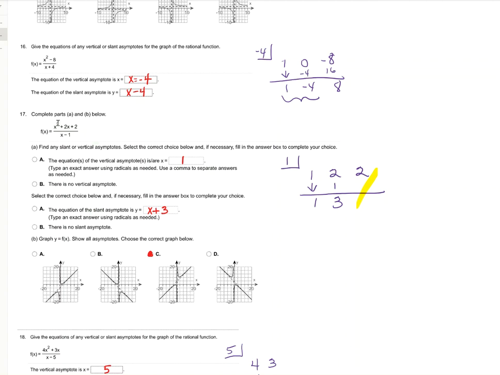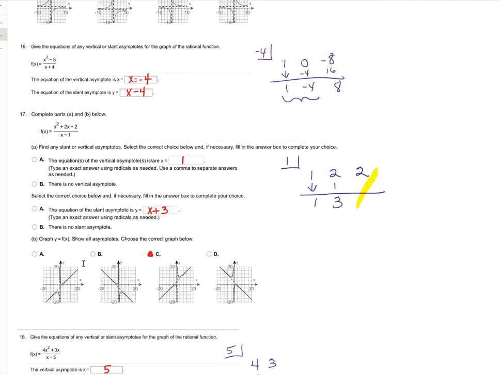We do not have a horizontal because 2 is bigger than 1 on the degrees. So let's look for our slant. They're different by 1, so that works. So we'll put our vertical asymptote here, and we'll have 1, 2, 2, bring down a 1. 1 times 1 is 1. Add, you've got 3. So y equals x plus 3 is the slant asymptote.